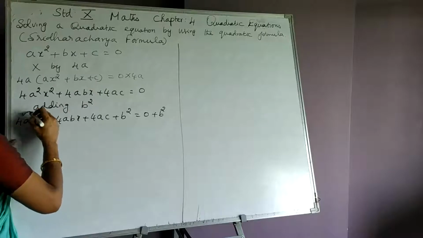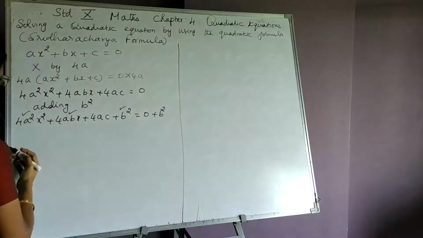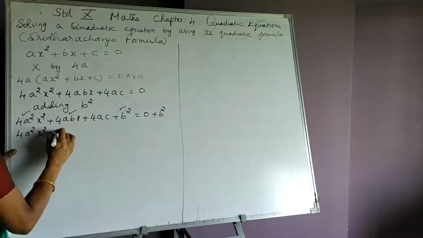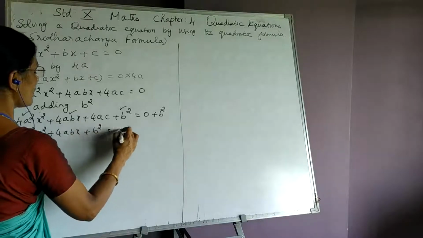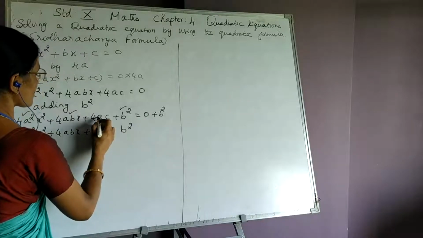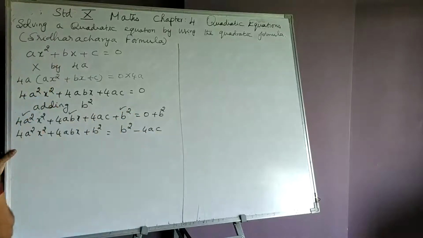The terms are 4a square x square, 4abx and b square. Only those 3 terms we are going to keep on the left side, and the unwanted term 4ac we are going to take to the other side. So 0 plus b square is b square. This is the unwanted term. This comes to the other side as minus 4ac.